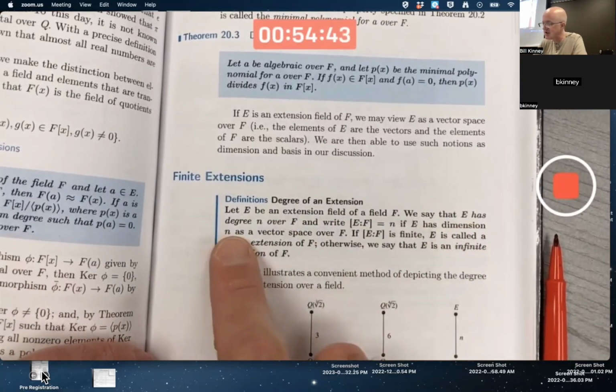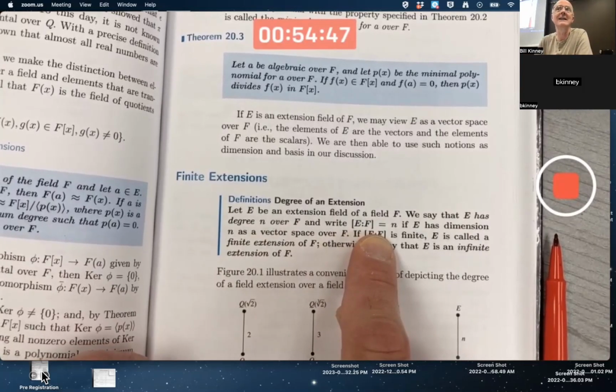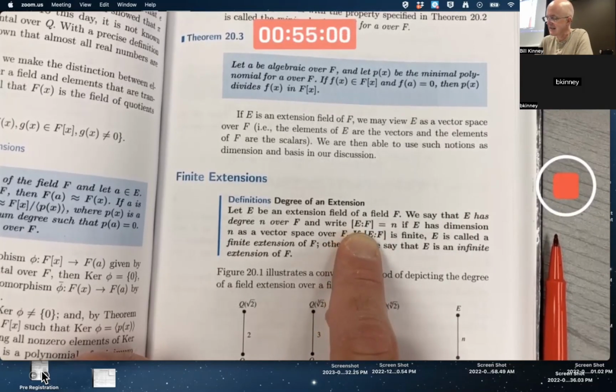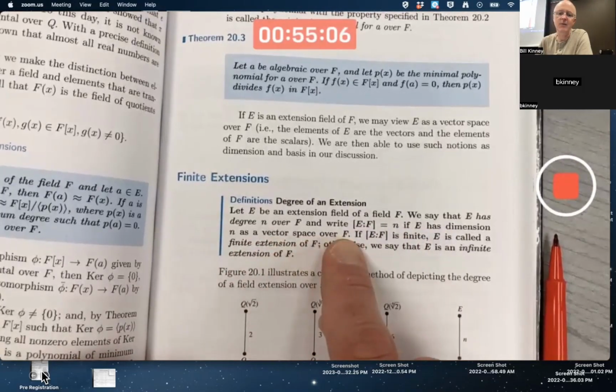We say E has degree n over F, and we write this. That's kind of similar to some notation from group theory, isn't it? Index of a subgroup in a bigger group. Similar notation. E is the bigger field, F is the smaller. This is n, if E has dimension n as a vector space over F.